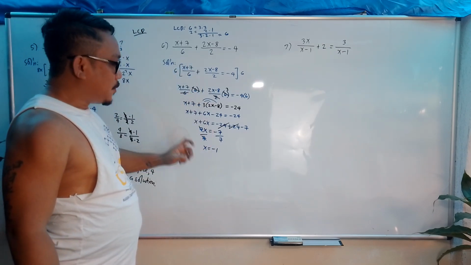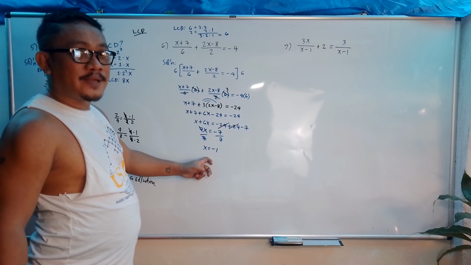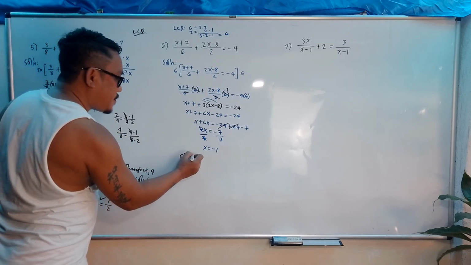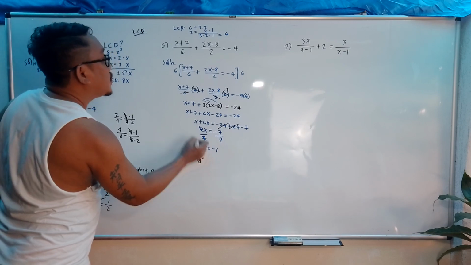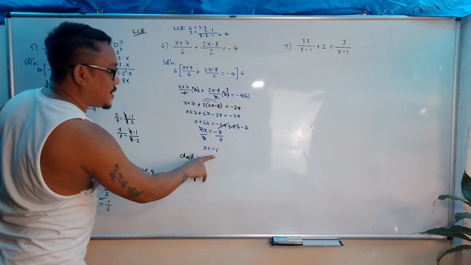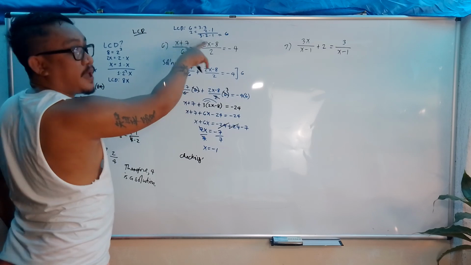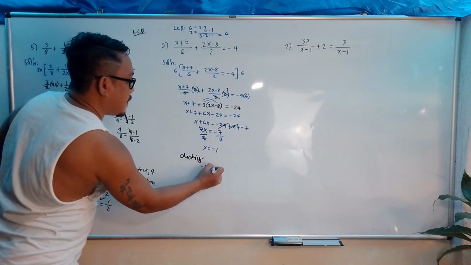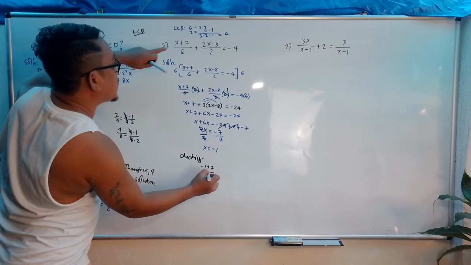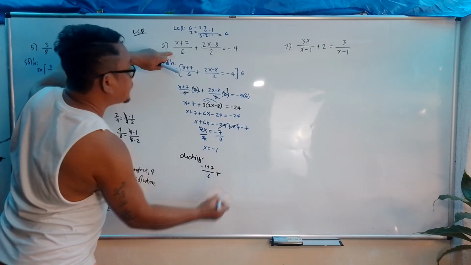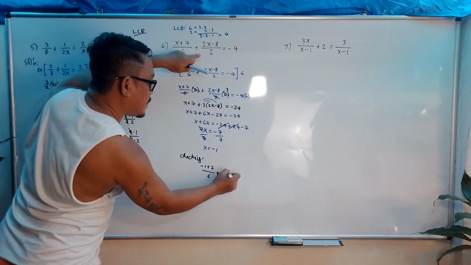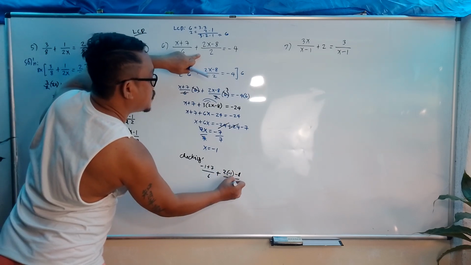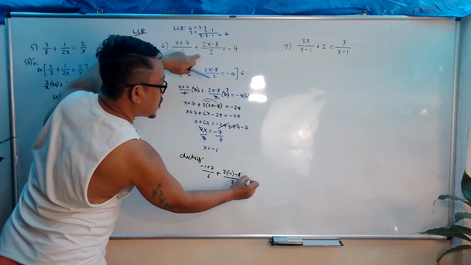Sorry. So, let's check whether this is a solution. Checking now. Okay. So, you substitute x with negative 1 in the x's. Correct? So, you have negative 1 plus 7 over 6, plus 2 times negative 1 minus 8 over 2 is equal to negative 4.